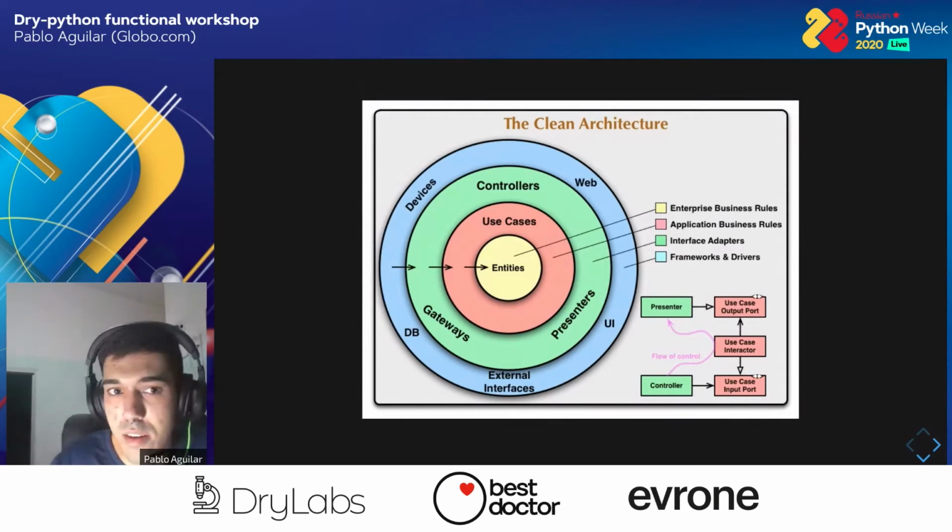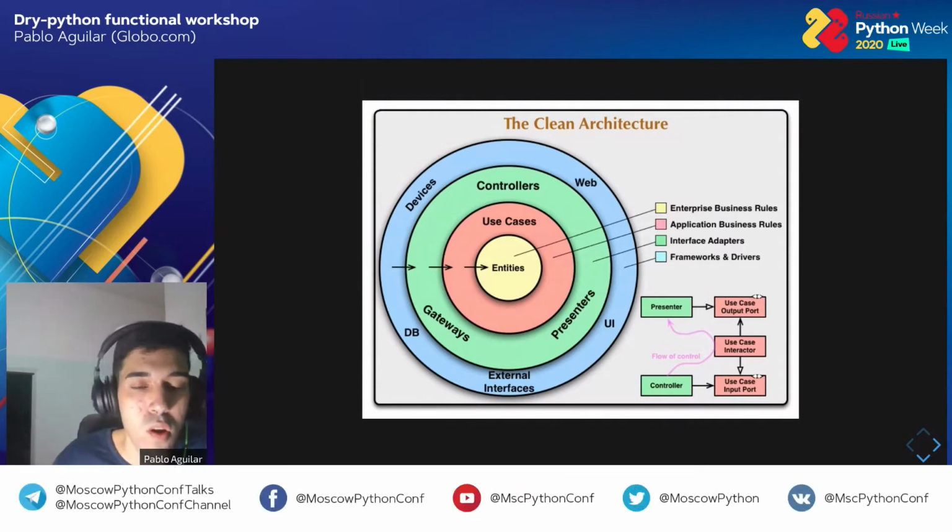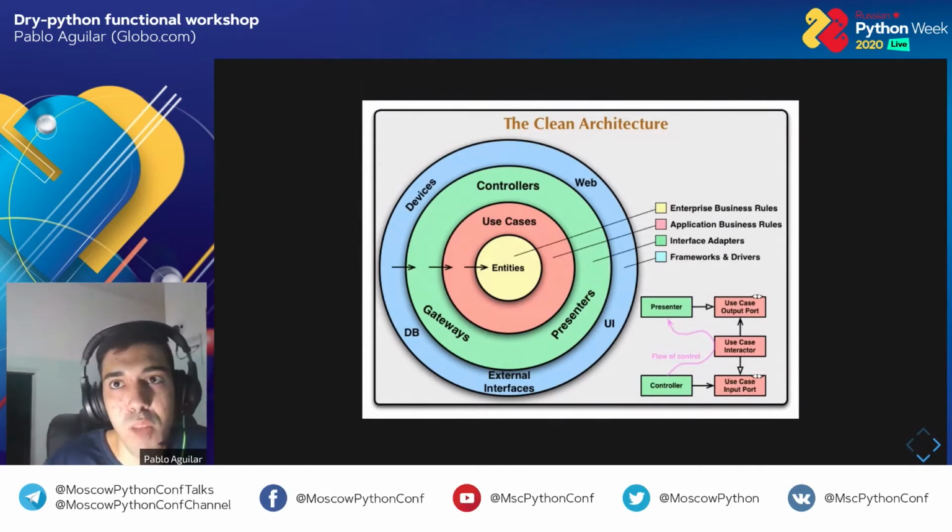The next layer is the use cases layer. All of the application business rules live here, and a use case represents a business action. So we shouldn't have a class named Payment that processes the payment, deletes the payment, and modifies the payment.